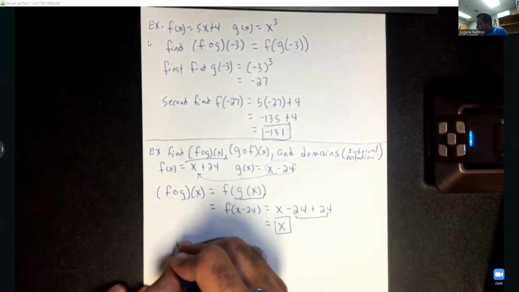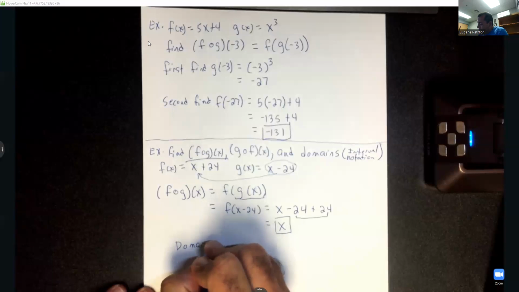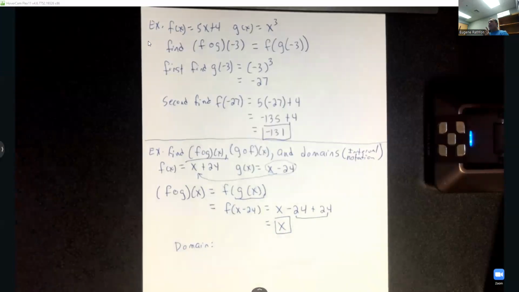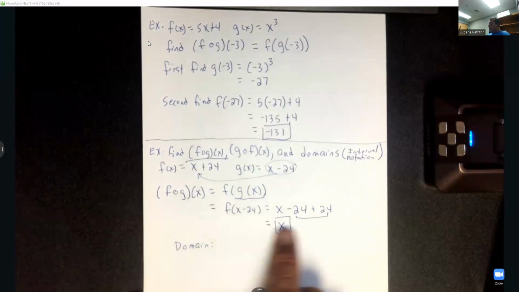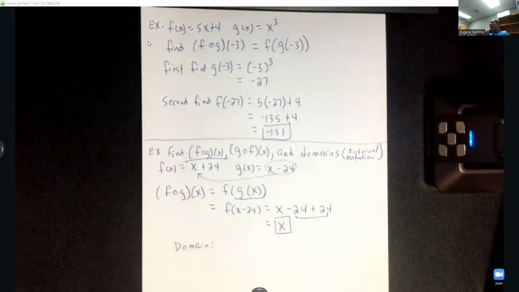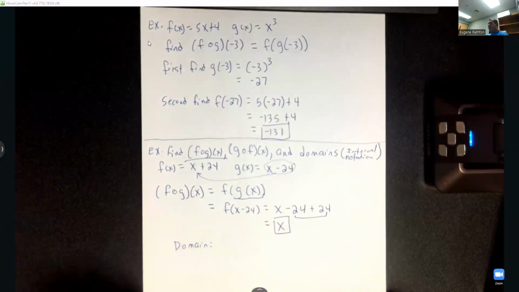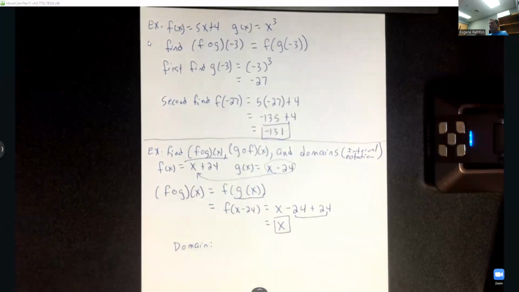So I'm doing the domain now for that one. So here's my f of g, my domain. Are we worried about anything on this domain? Because if you remember last week, there was only one thing I was worried about on my domains.